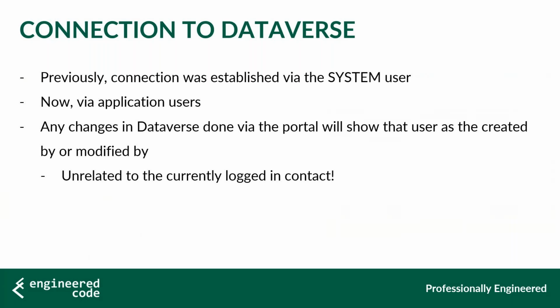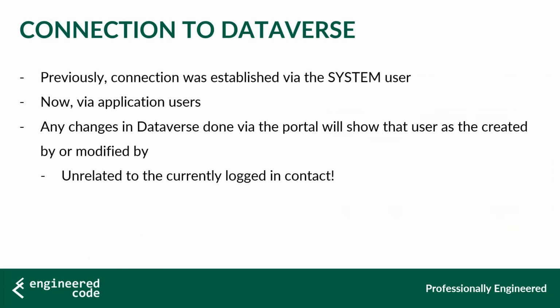So the thing to know about this, and this is a very common misconception, is that when a user is on your Power Pages site, that user is a contact. So when they perform operations against your data, like operations that impact Dataverse, the connection to Dataverse is using that application user.